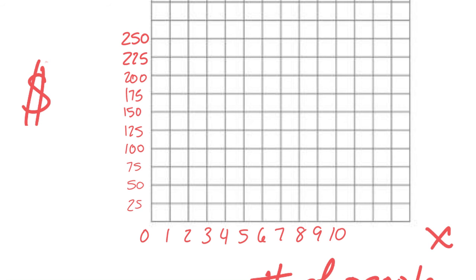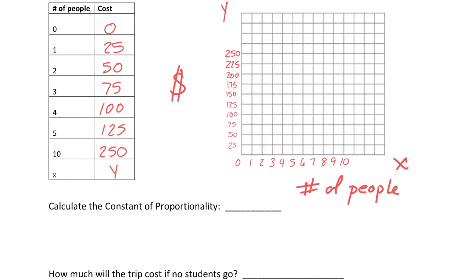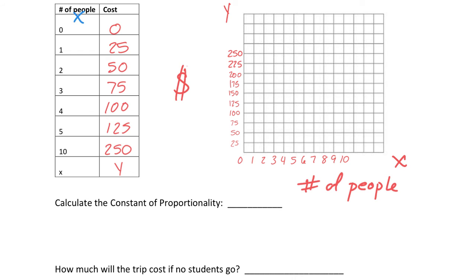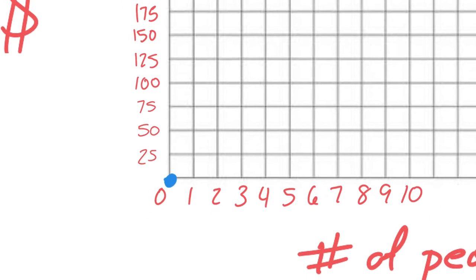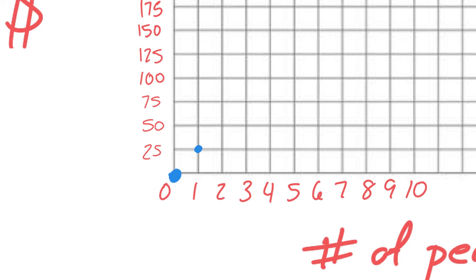So, I do need to graph it. We start at, remember, this is x, this is y. The first numbers are 0, 0. The second number is x is 1, so I'm going to go over 1, up 25. And it's going to move the exact same way as the last time.